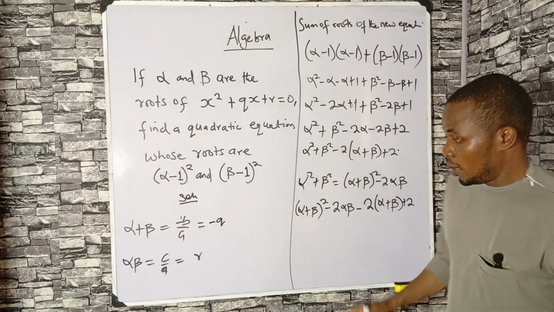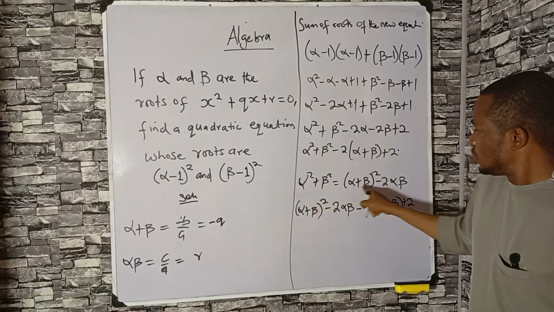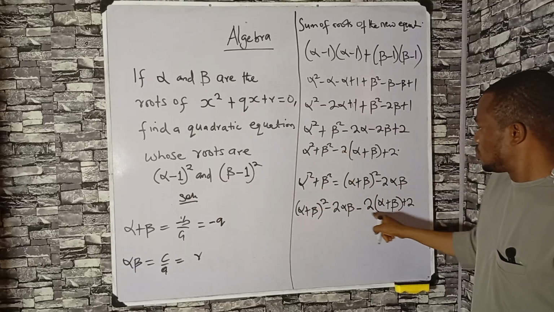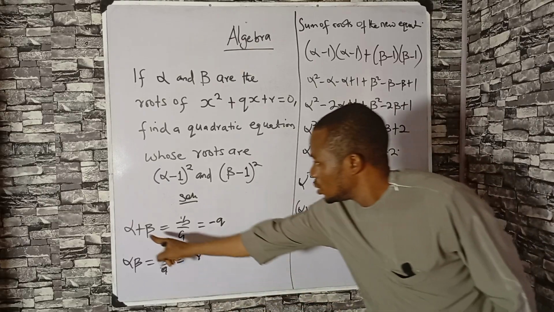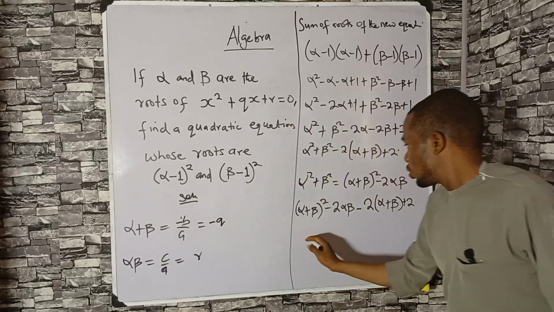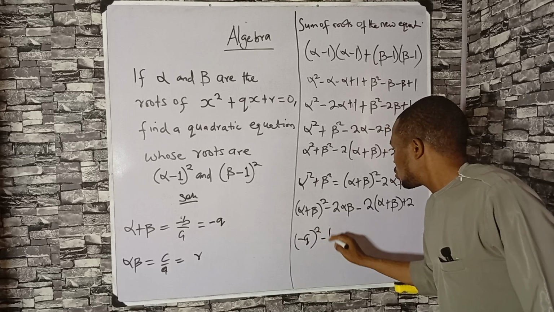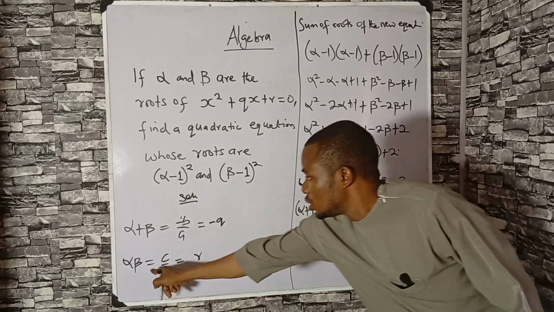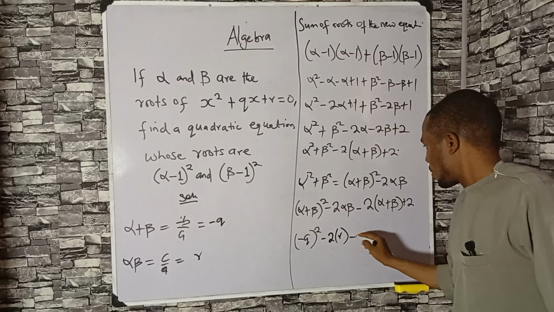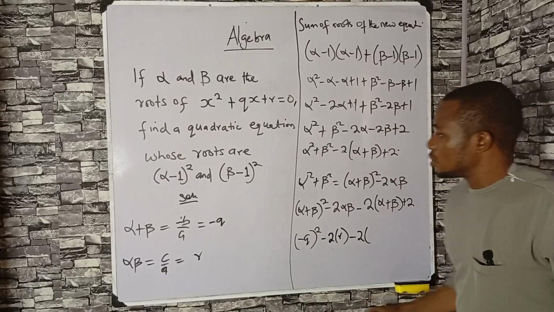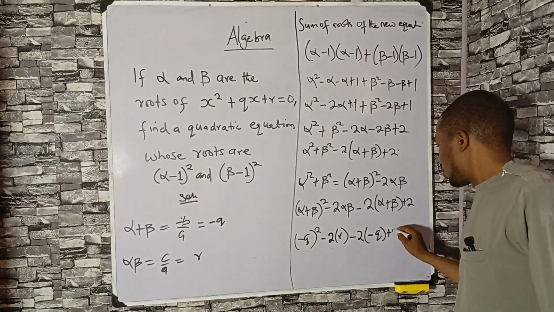Then if you go back and check, alpha plus beta is minus q, so minus q squared, minus 2 alpha beta, and alpha beta here is r, so 2r, minus 2 times minus q, plus 2.